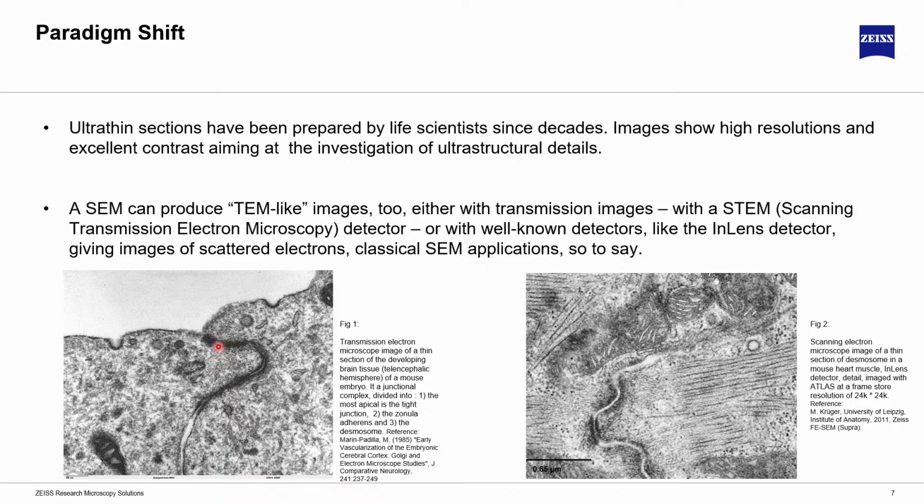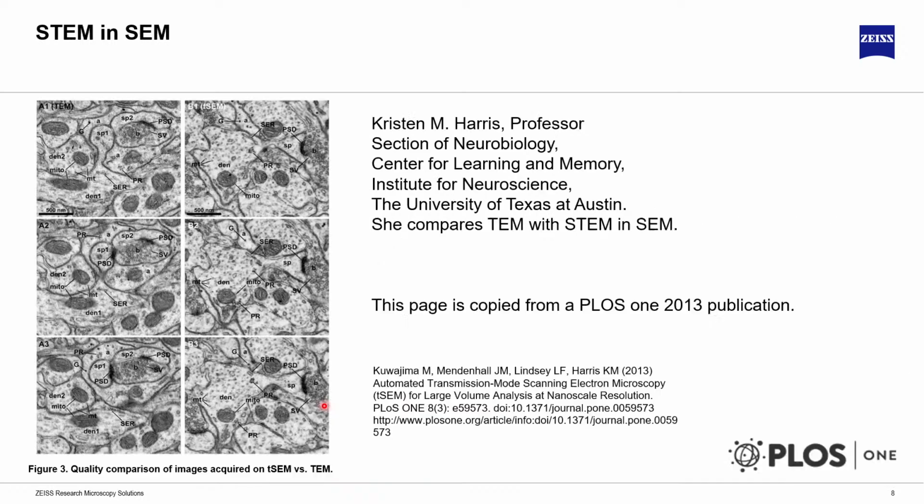And here you can see the very typical high electron density of this kind of structure, from an SEM image acquired in an Atlas up to 24K by 24K, very high resolution for this kind of imaging. Okay, this is another comparison between STEM and SEM.